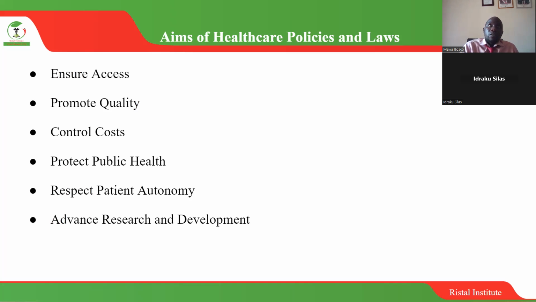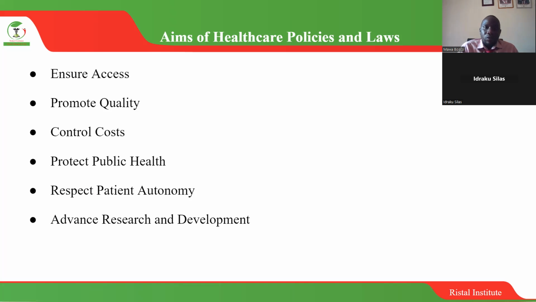Okay, so if there are no laws, if there are no policies, it means everyone can do whatever they want. And this will include even harming patients. So if you have laws and policies, it means we are protecting the patients, we are protecting their rights, and research can be done in the appropriate way. And everything, even including activities that pose a public health threat, is actually kept in check.